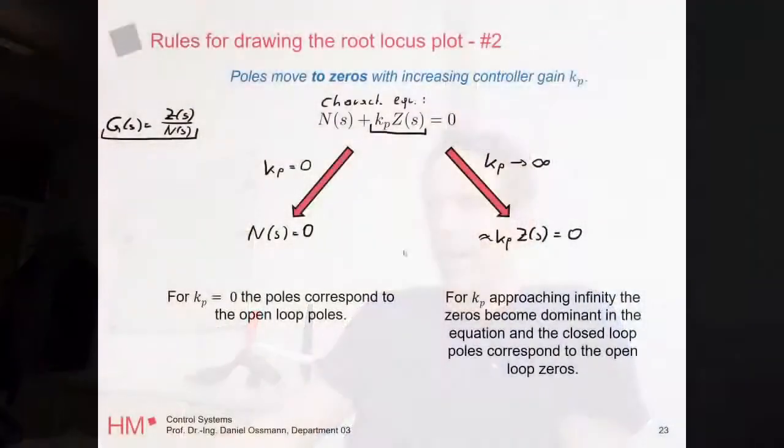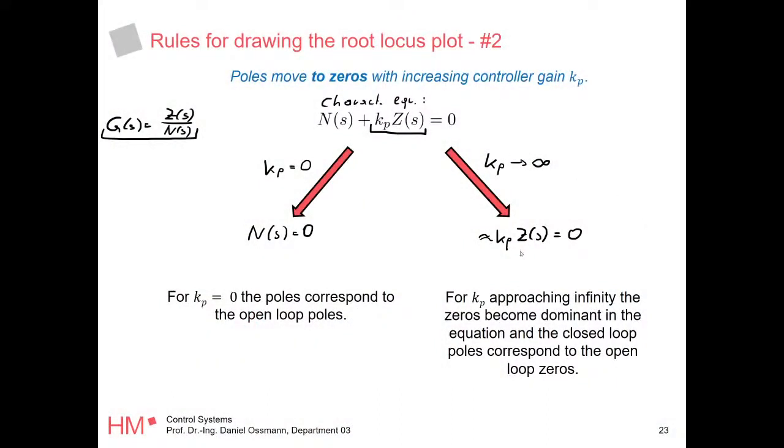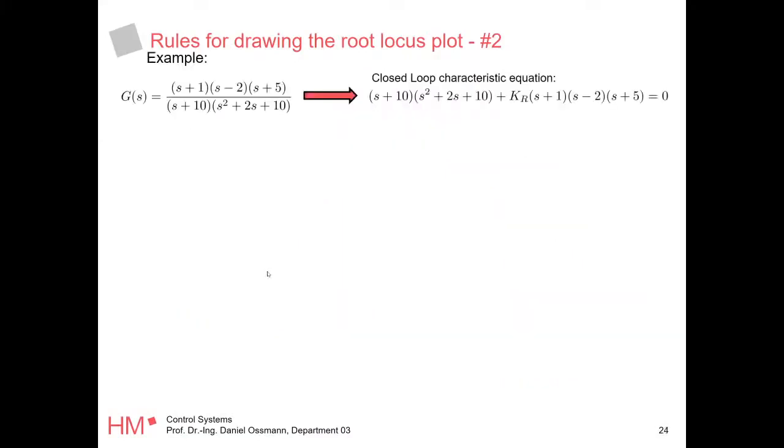Then there is not a zero for every pole, right? Because every pole can just go to one zero. But that comes next. Important here, the poles go towards the zeros when we increase the controller gain, and they're going to end up there. What happens with all the others? They're going to end up in infinity.